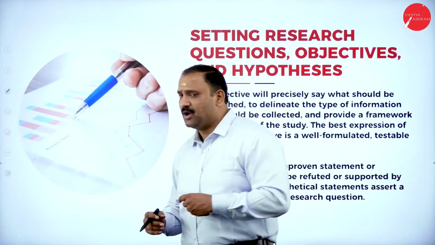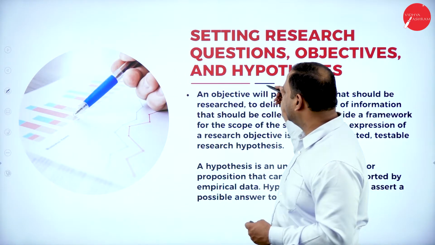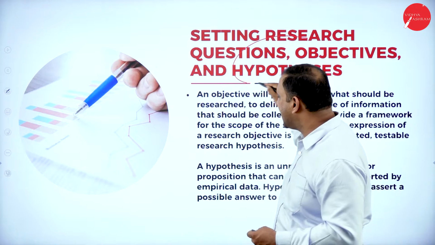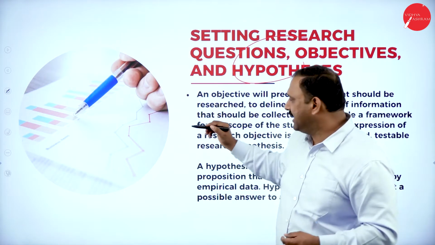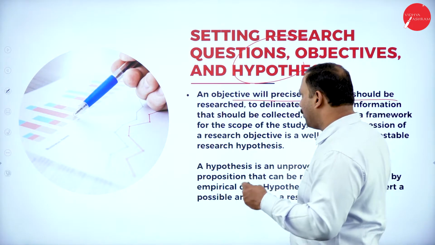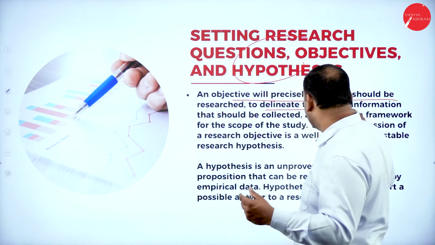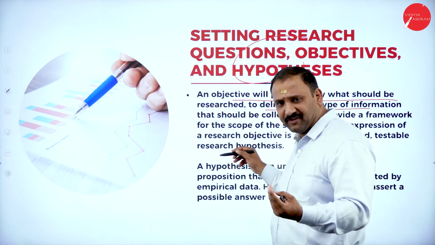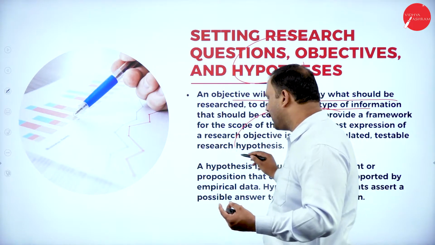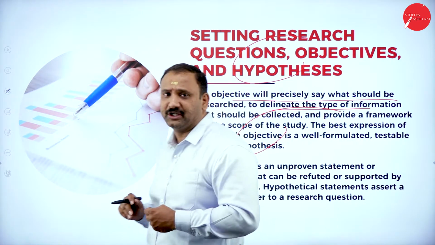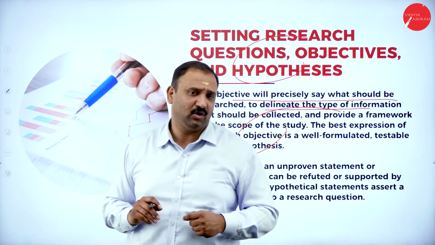Now, the next step, we will be trying to understand setting up of the research question and the hypothesis. Now, an objective will precisely say what should be researched and how it needs to be researched, what kind of information is to be collected, how to provide a framework, and then go into the hypothesis angle altogether.